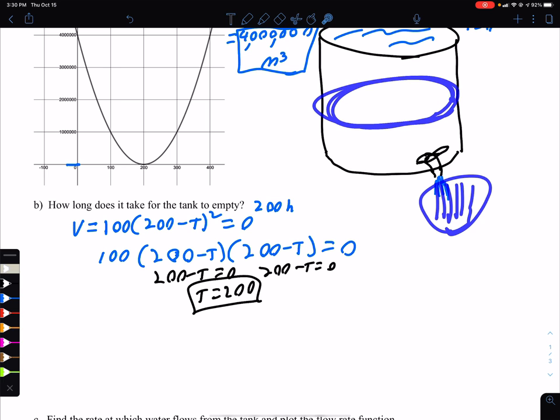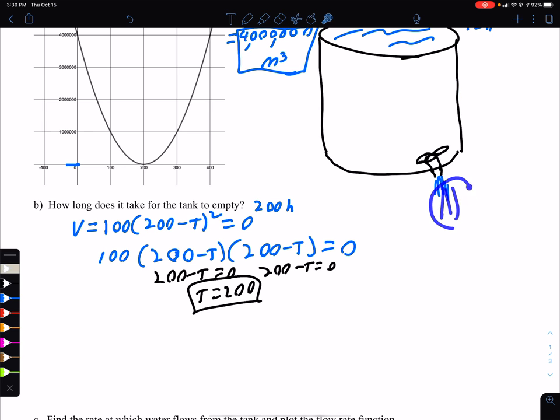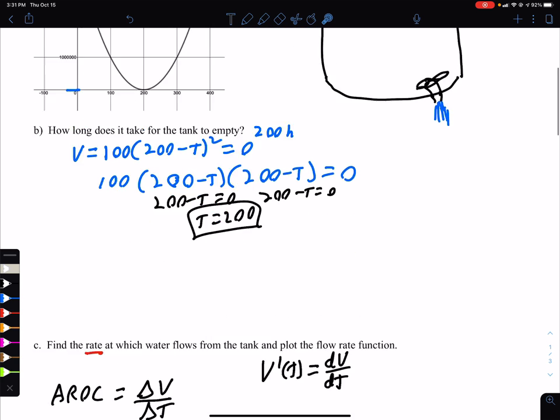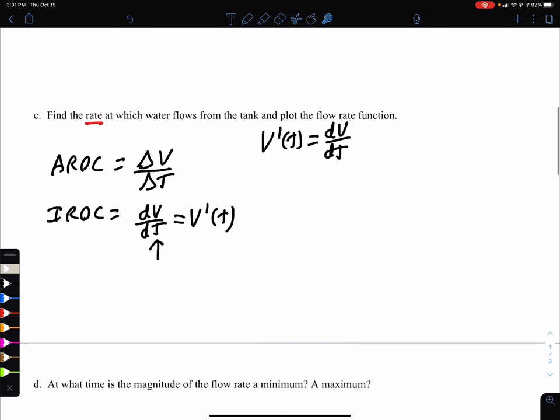So the rate of change of the volume in the tank is the same as the rate of change of volume coming out of the spigot. Now if we find the derivative of this, since water's leaving, volume's decreasing, therefore the derivative will be negative. But as far as the volume of water flowing out, it's opposite. Because it's flowing out, you're getting more and more water, so the rate flowing out is positive. So just throwing that out at you.